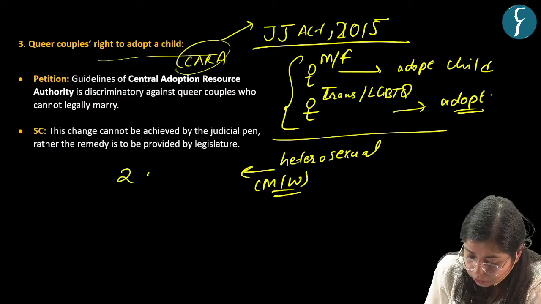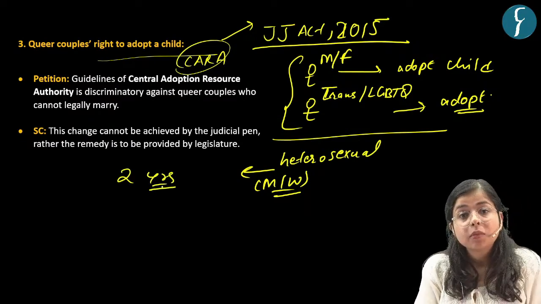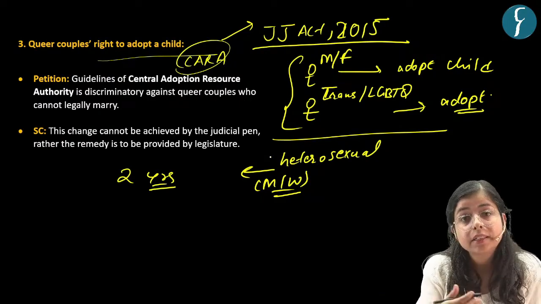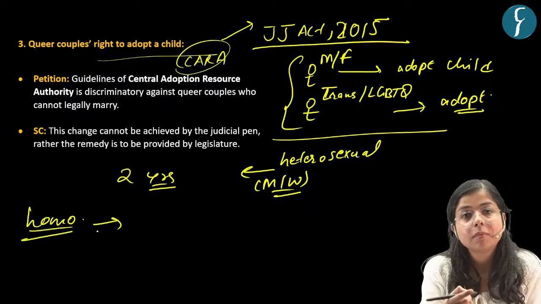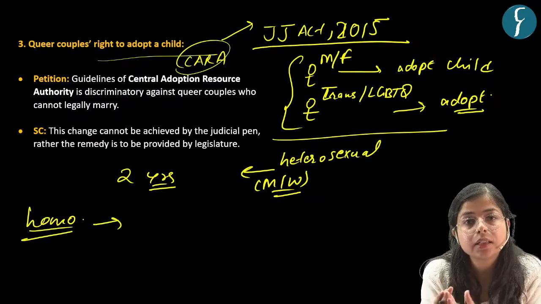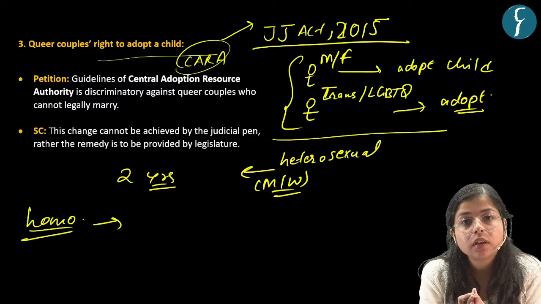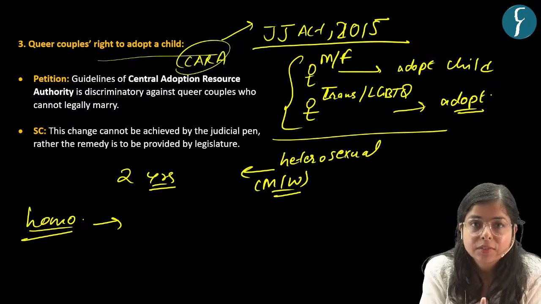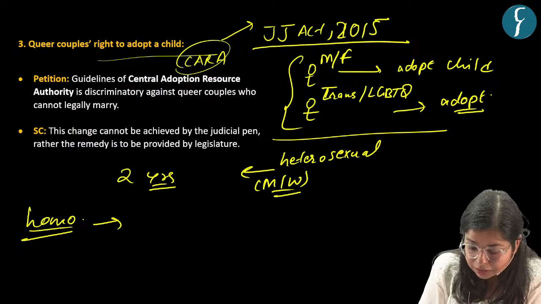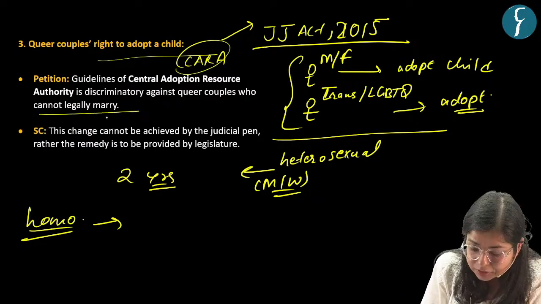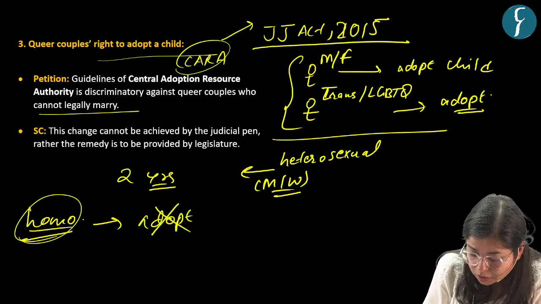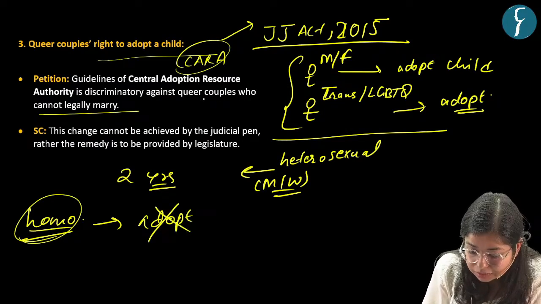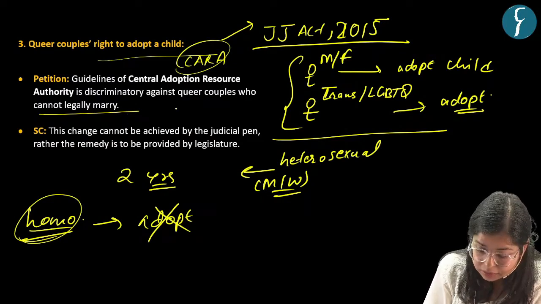But the trans community says that they are being discriminated against because the marriage of a trans couple or a homosexual couple is not legally sanctioned, so it's not recognized. That's why this trans couple cannot legally marry, and that's why any homosexual couple cannot adopt a child, right? So they feel that this is discriminatory against these transgender couples, right?